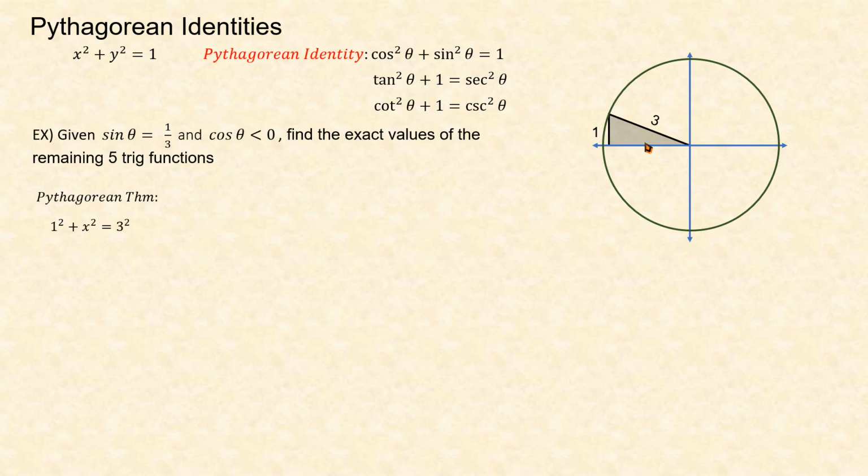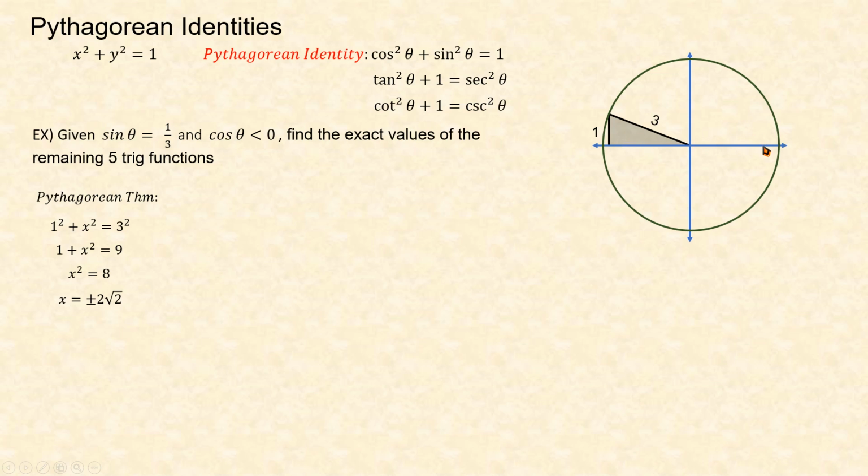So here I have 1 squared plus x squared is equal to 3 squared. This is not the unit circle anymore. So I'm going to find out how long x is. I subtract both sides by 1, and then I square root both sides. I get positive and negative 2 radical 2. Now remember, for sine to be positive, it could be in the second quadrant or the first quadrant.